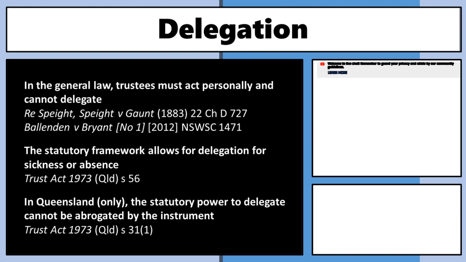So just make note that your fiduciary duties flow from the general law. They are personal. You can't abrogate them other than by the statutory mechanism. The statutory mechanism, as we're aware, the carefully enshrined will of Parliament and legislation will trump the rules of common law and equity.